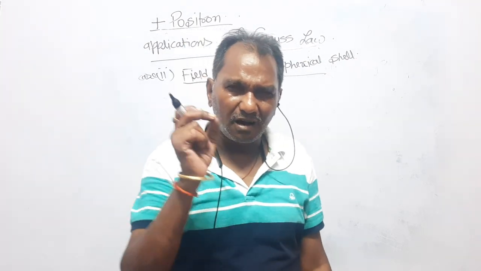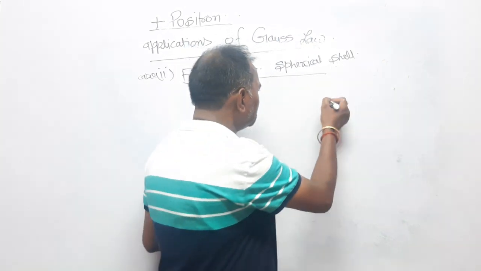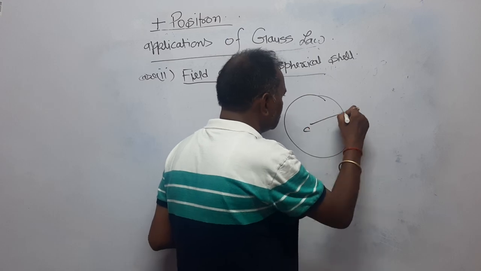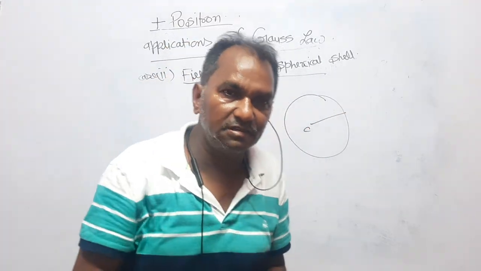One is a hollow sphere, then solid sphere and spherical shell. Solid sphere means in which material is filled from center to the surface. At every point there is a solid, it is consisting of material.